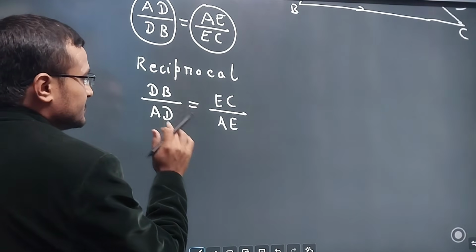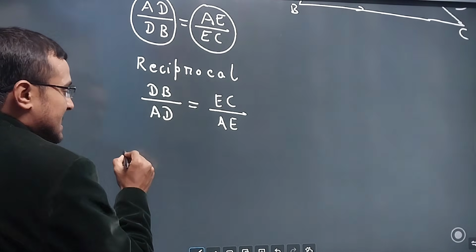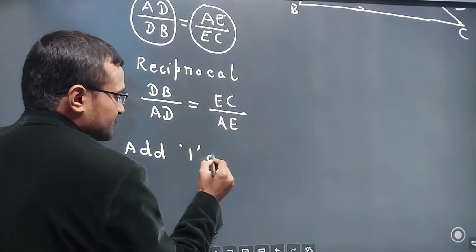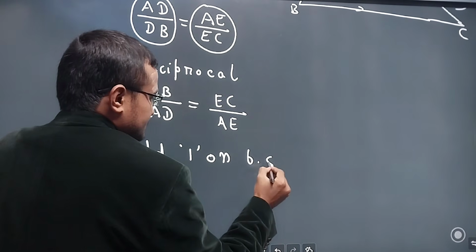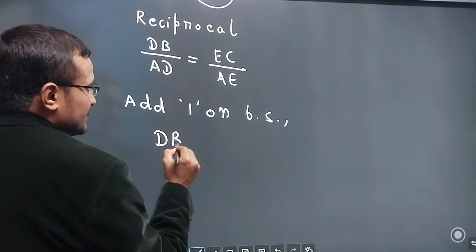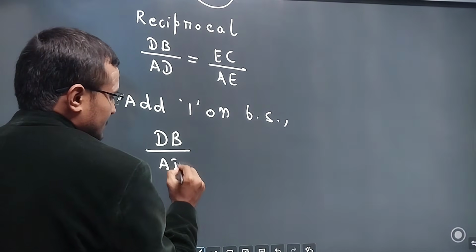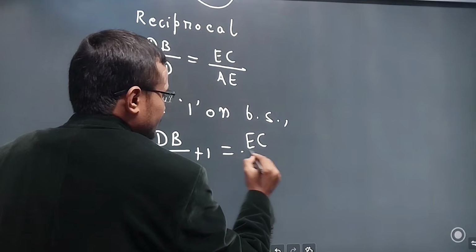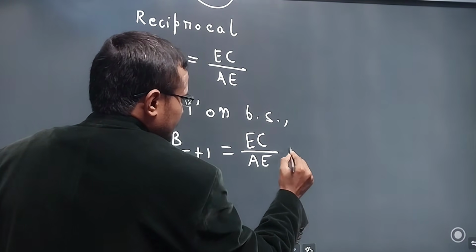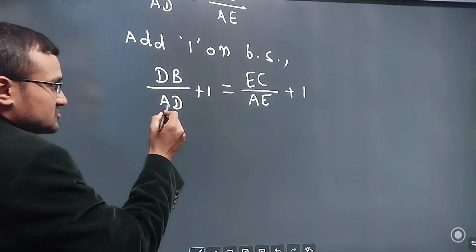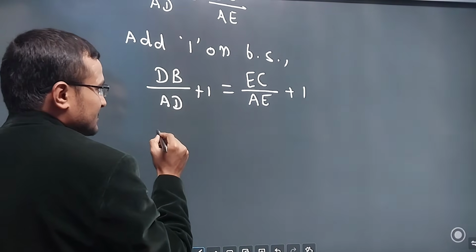Now here I'll add 1 on both sides. When we add 1 on both sides, DB by AD plus 1 will be equal to EC by AE plus 1. Now we will try to solve this. Here we need to multiply AD with 1.